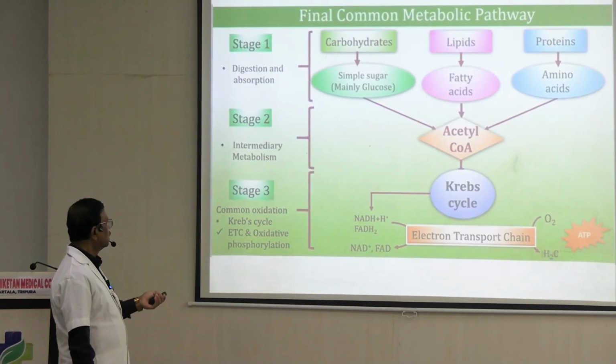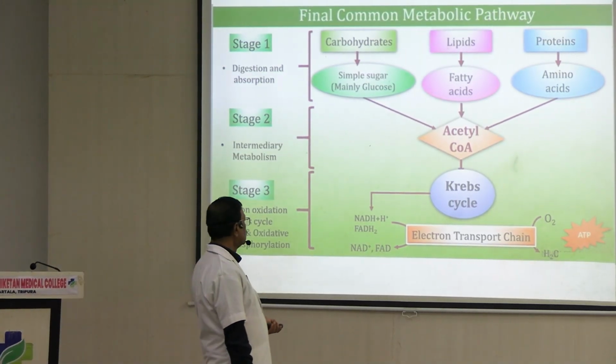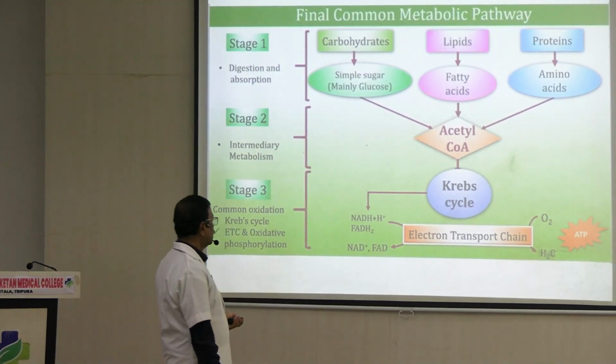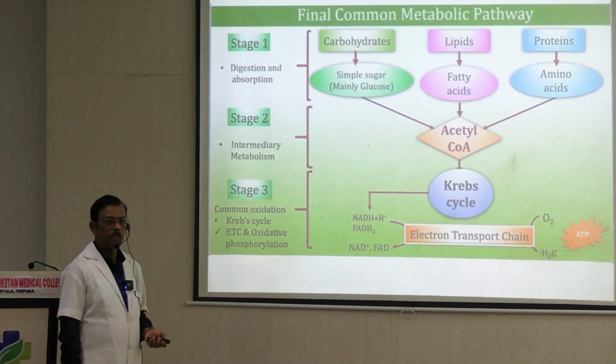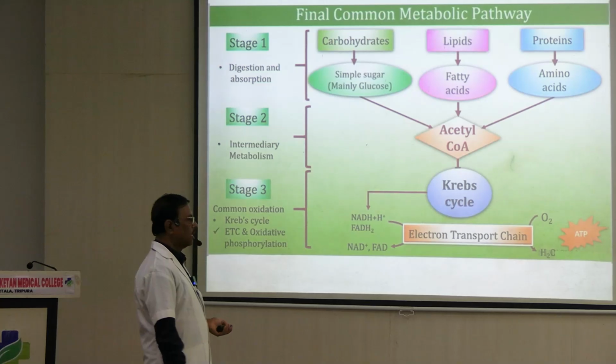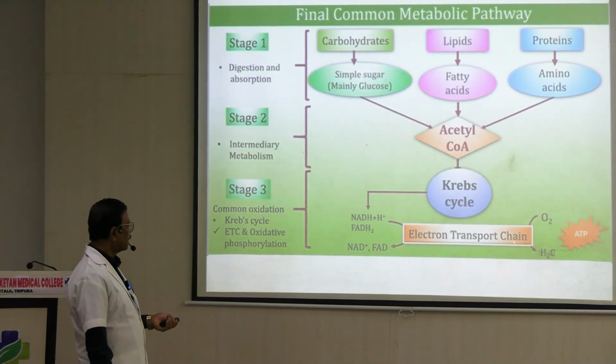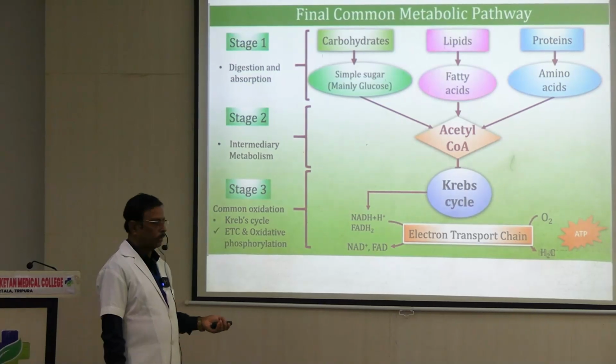In stage 3, acetyl-CoA is completely oxidized into carbon dioxide and reducing equivalents are produced along with the production of substrate level ATP. Reducing equivalents take part in the electron transport chain and produce ATP.